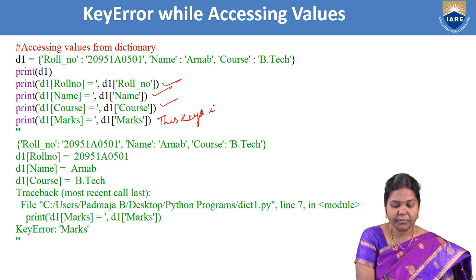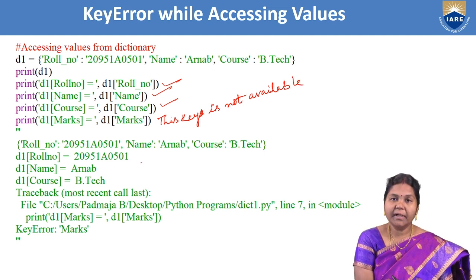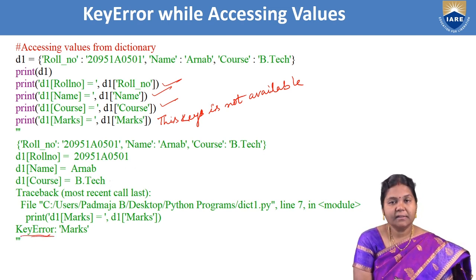If you try to retrieve its value, after printing the values related to roll number, name and course, it generates a key error. This key error indicates that this key is not found in the existing dictionary. So please be careful while accessing the values. You must provide valid keys to retrieve the associated value.